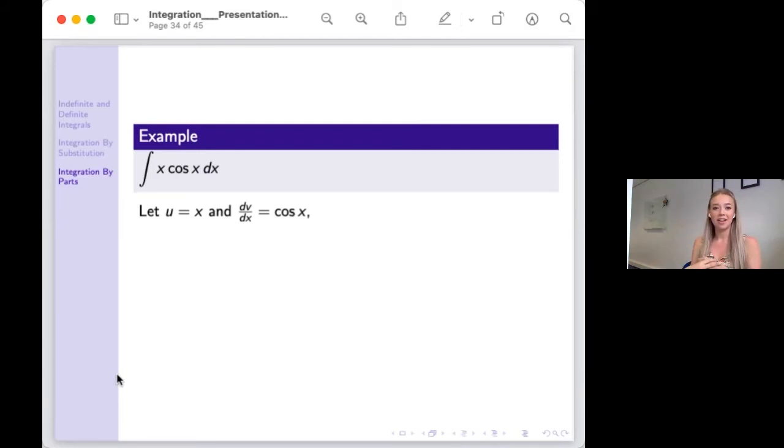And then in that formula, we just need to work out du by dx and v. So du by dx, if we differentiate u, we'll just get 1. That's a really nice one. And to work out v, we just need to integrate dv by dx. So if we integrate cos, then we'll get sine. And then we can put it all into the formula.